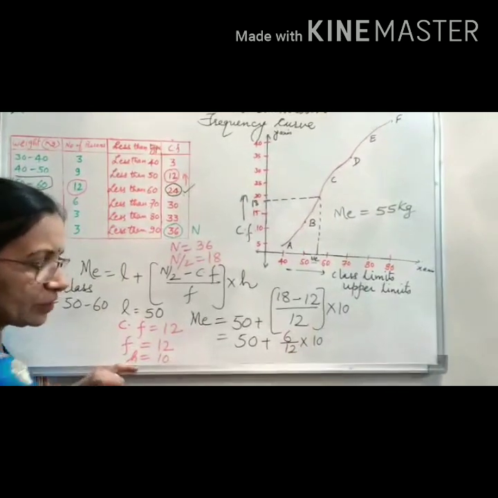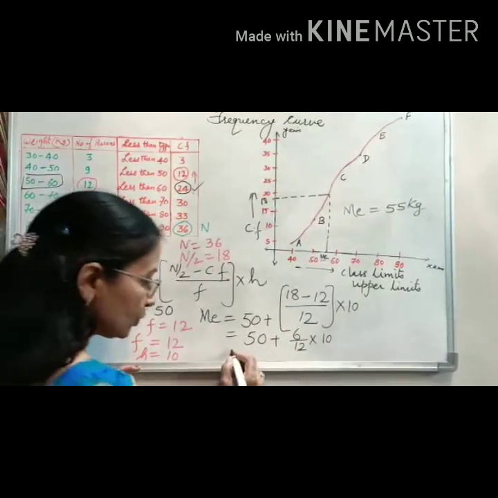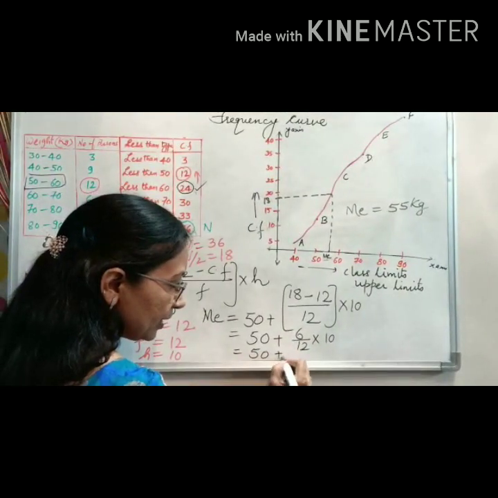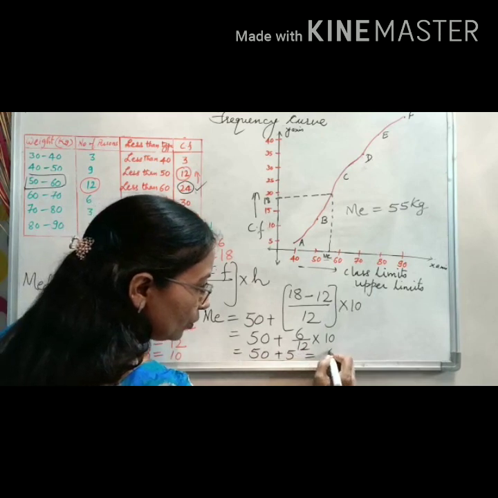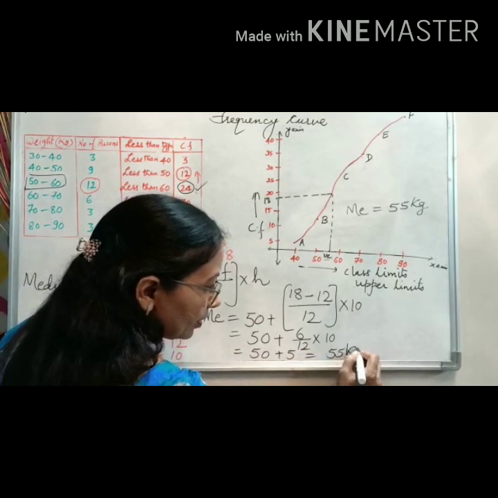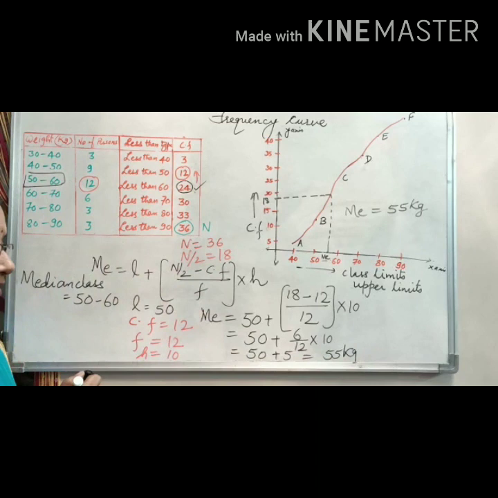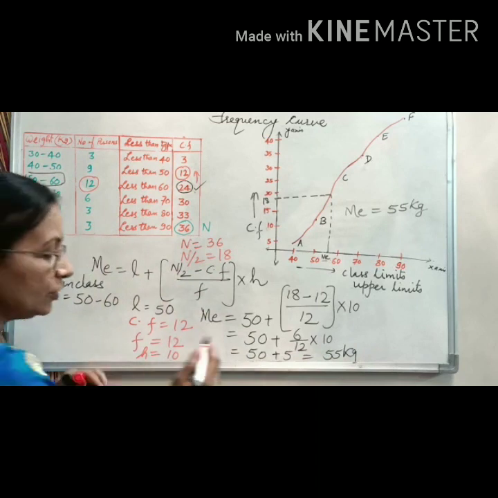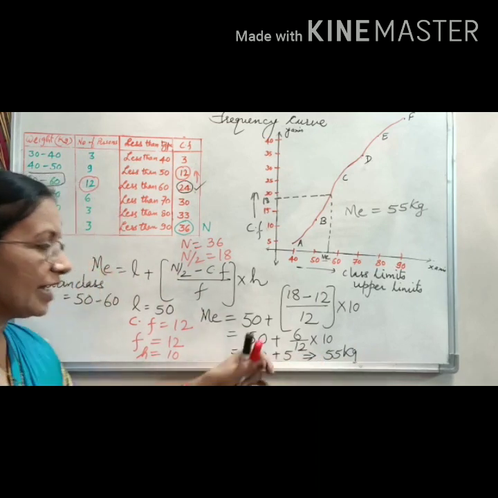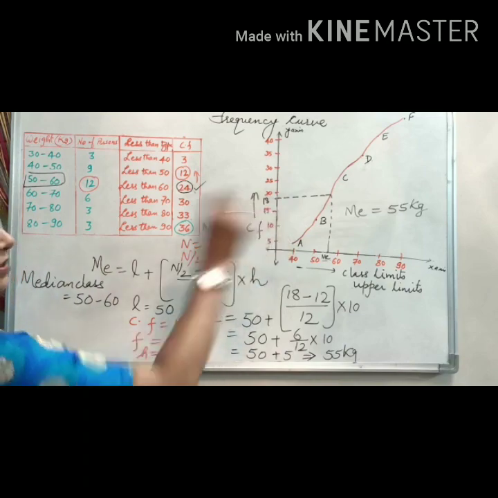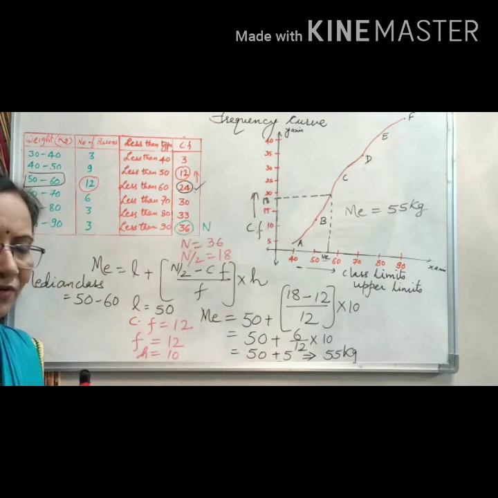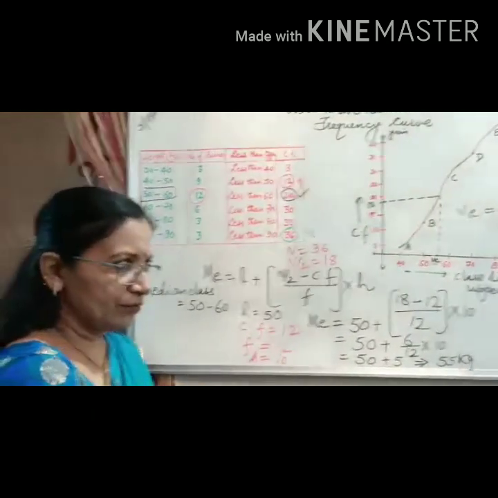So it is 60 by 12, that is equal to 5. So we will be getting 50 plus 5, that is equal to 55. So what is the median numerically also? We got the numerical value of the median as 55 kgs and the graphical median is also 55 kgs. So that is the way we verify the result.